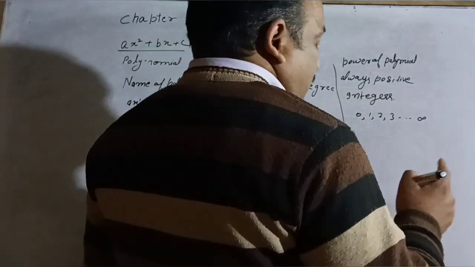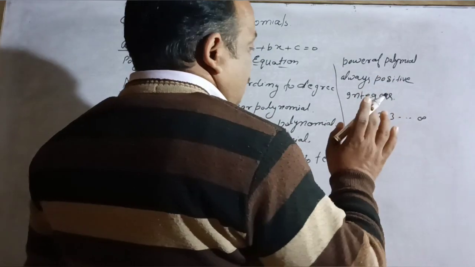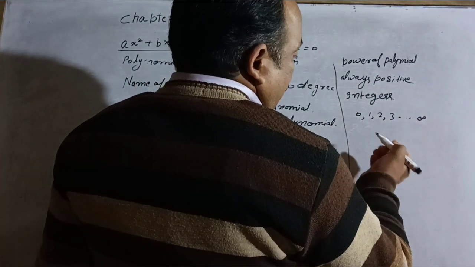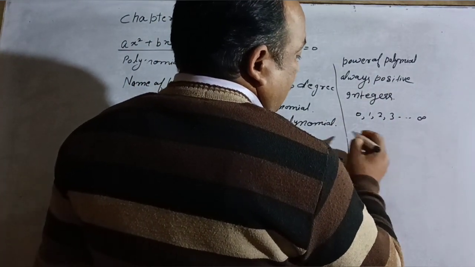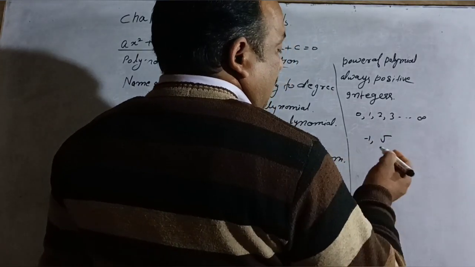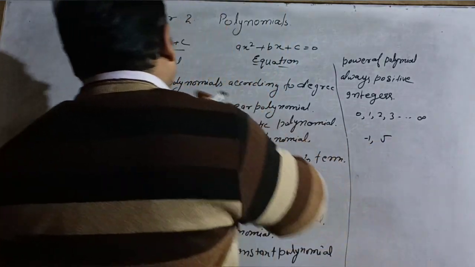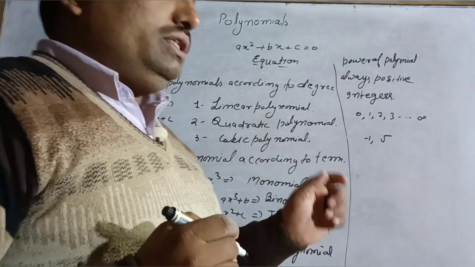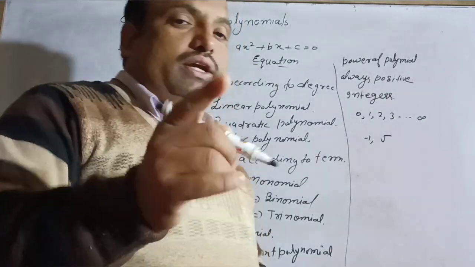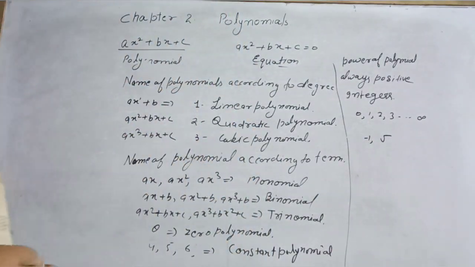If any polynomial variable has a negative power or root power, that is not a polynomial. For polynomials, the condition is that the power is a whole number.